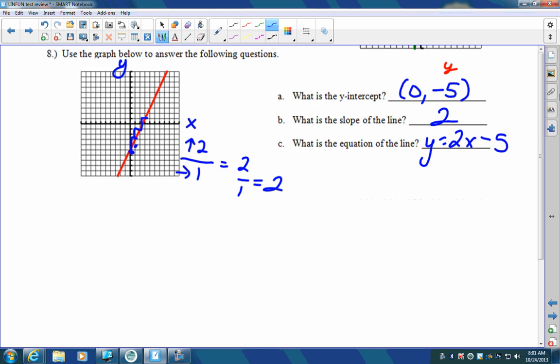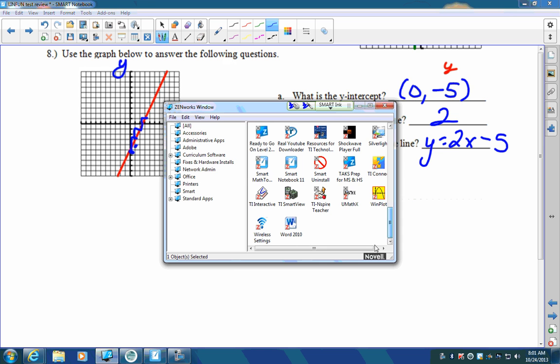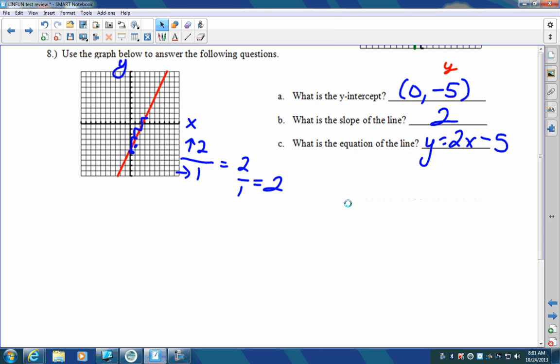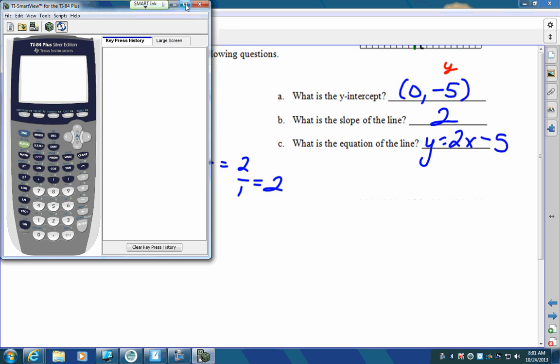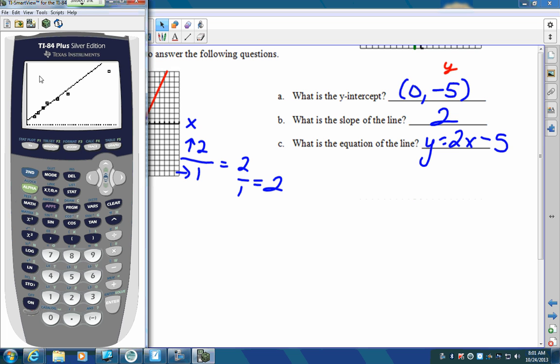Now, before you ever go on, especially on your tests, you should go into your handy-dandy calculator. Let me clear my memory before I start.